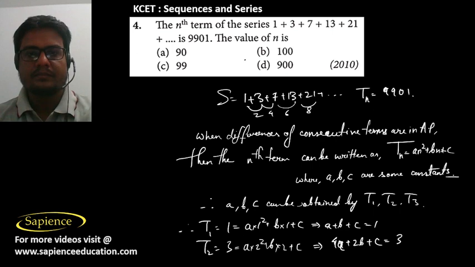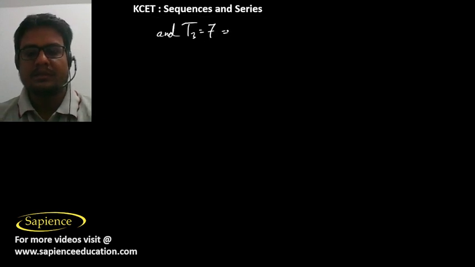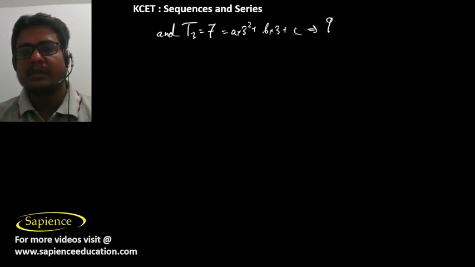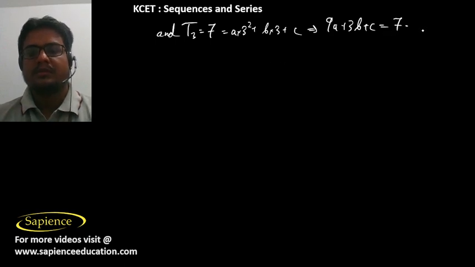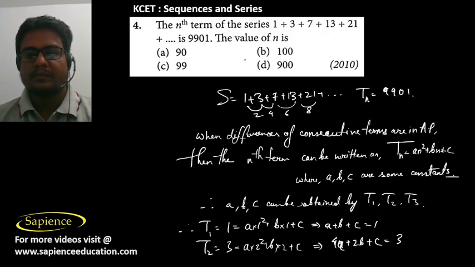And then T3, the third term, is equal to 7. So that is equal to A into 3 square plus B into 3 plus C. So therefore I can say 9A plus 3B plus C is equal to 7. So this is equation 3.